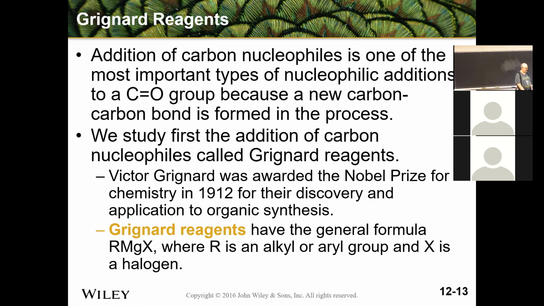Grignard reagents have the general formula RMgX. R is an alkyl or aryl group. It could be a benzene ring, for example. And X is a halogen. Not fluorine, but chlorine, bromine, or iodine.